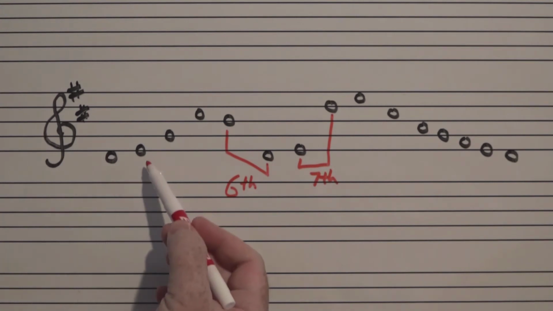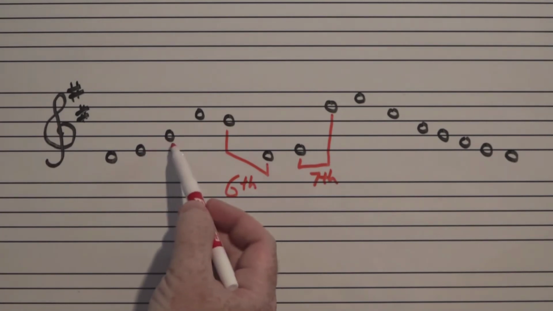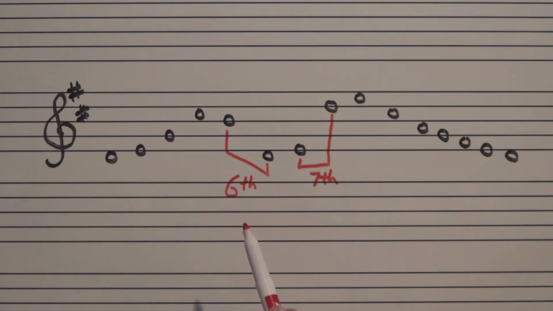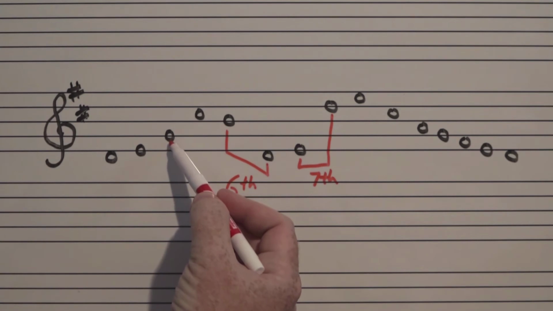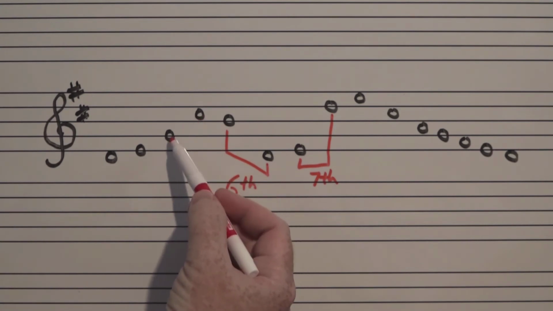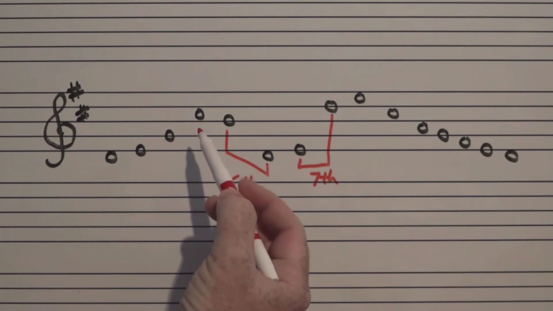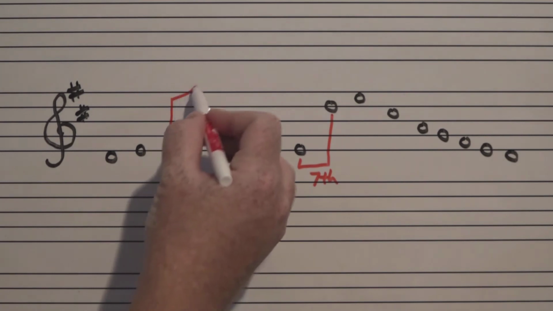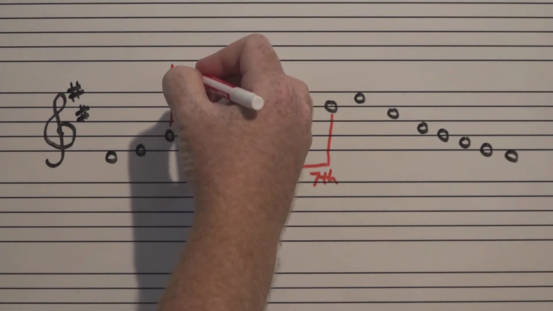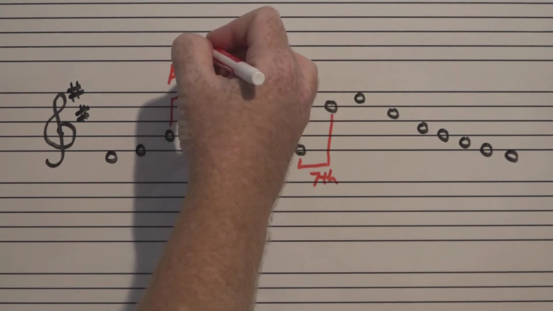For example, just from here to here, an E to a G. Well, a G in an E major scale, that's a minor third right there, so there's nothing wrong with that. But if you look here, a G to a C sharp, notice a G to a C would be a perfect fourth. A G to a C sharp is an augmented fourth or tritone.